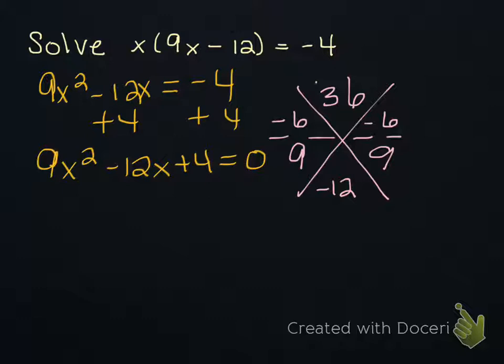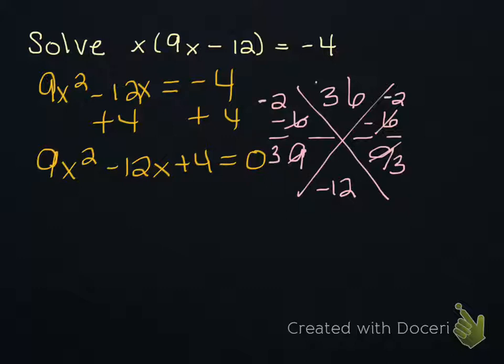And now I just got to reduce these fractions. So it looks like they're the same fraction on both sides. They have a 3 in the numerator and the denominator. So I'll factor that out, and that will leave me with a 2 in the numerator and another 3 in the denominator. The denominator is going to give us the coefficient of x, and the numerator is going to give us the constant, so it's actually negative 2.